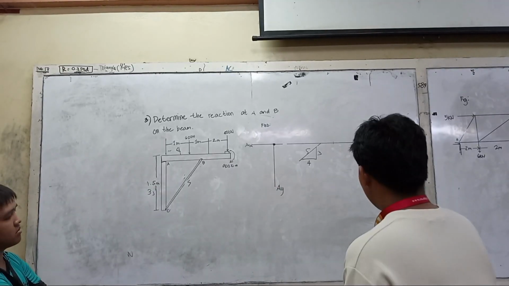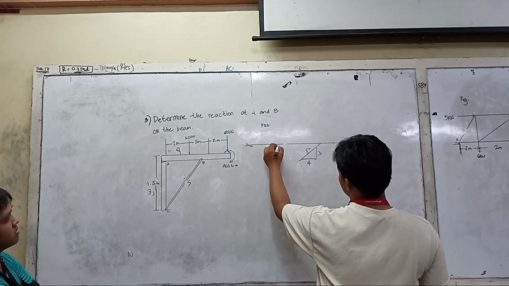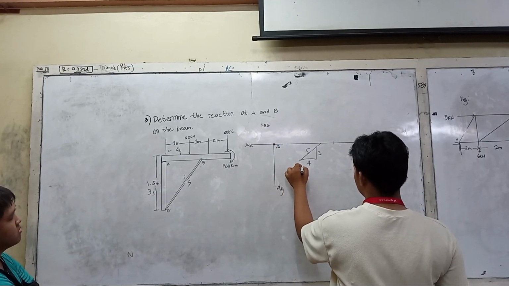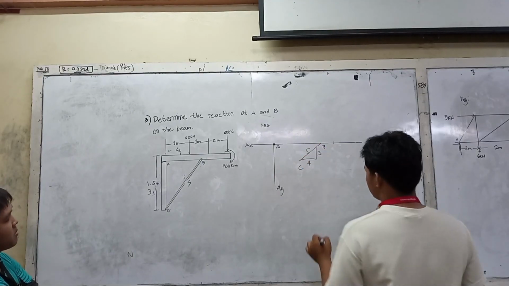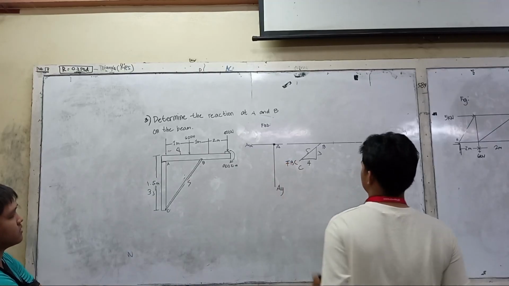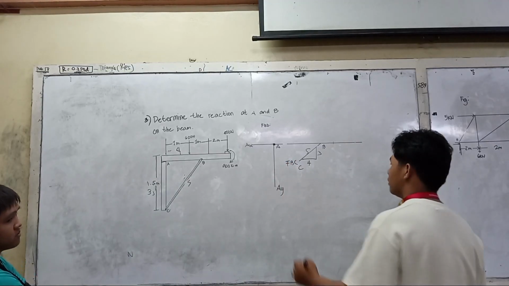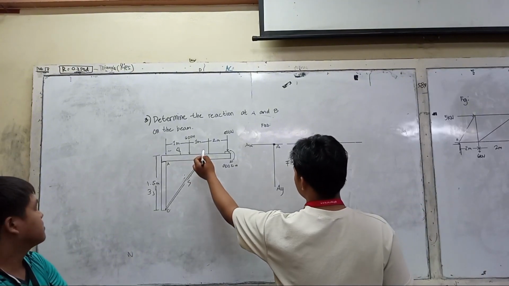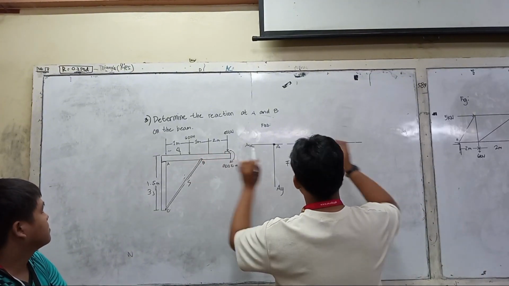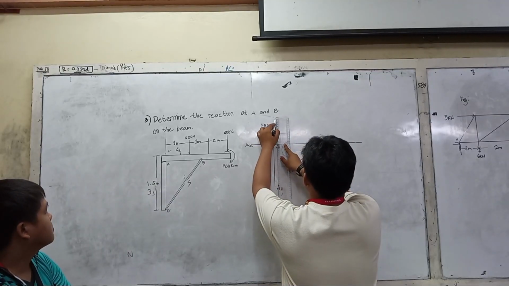Then after that, since this is the A, the C, and the B, that's what we call the FBC, the force of BC. And we simply copy the 1 meter, 2 meters, and the force 600 newton on top, like this.